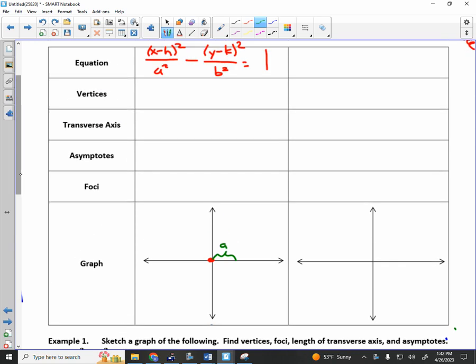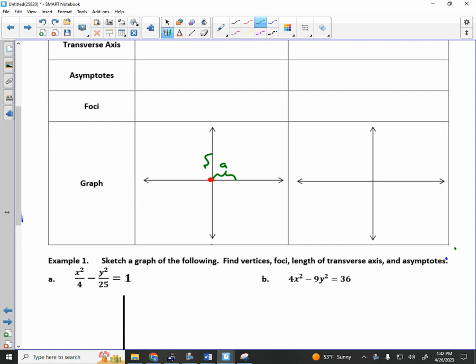B. So if I move a units to the right in each direction and b units up and down in each direction, I then make a box for that.